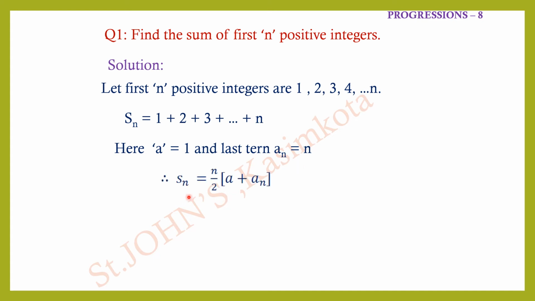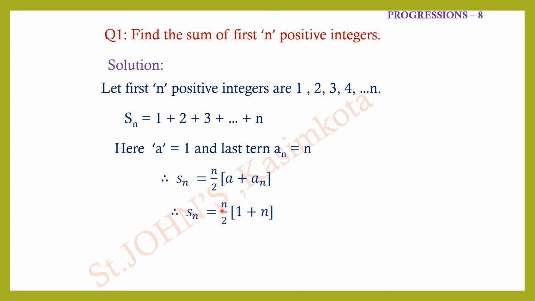Therefore Sn equals n by 2 into a plus an, because a means first term and an means last term. Here these two are available: first term a equals 1 and last term an equals n. So substitute these two values in the formula. Sn is equal to n by 2 into a, which is 1, plus an, which is n.